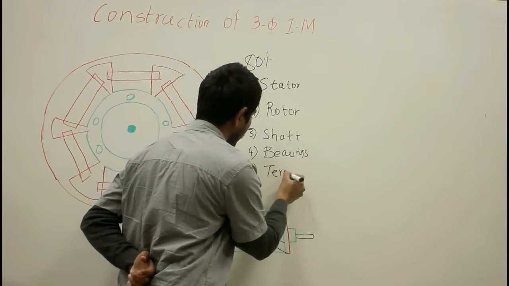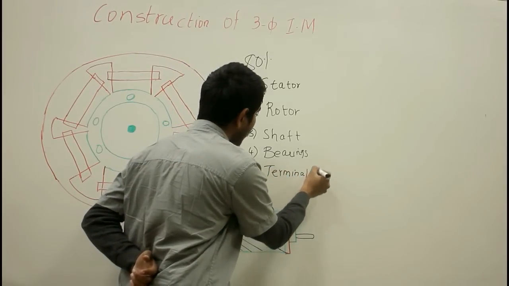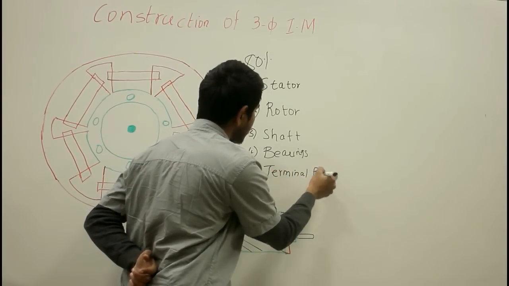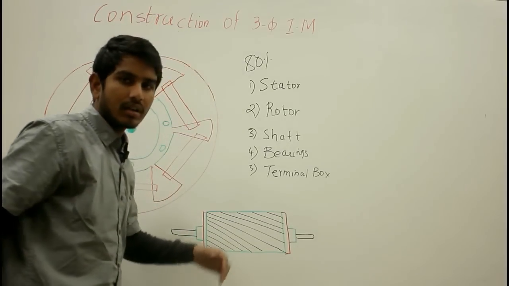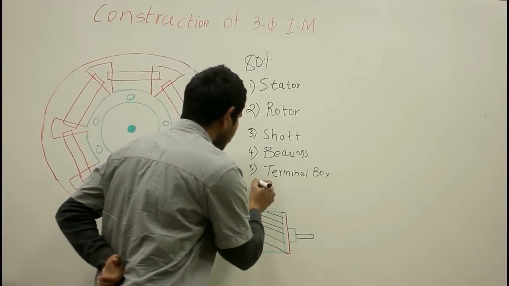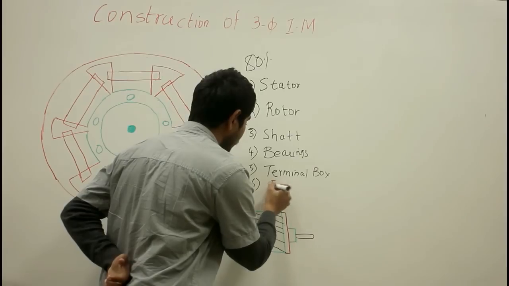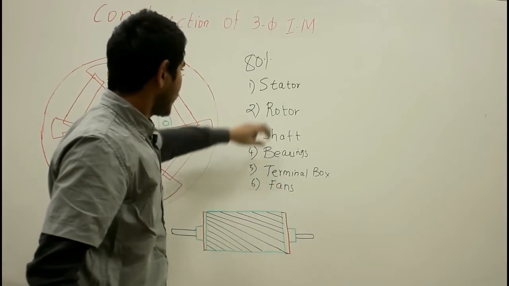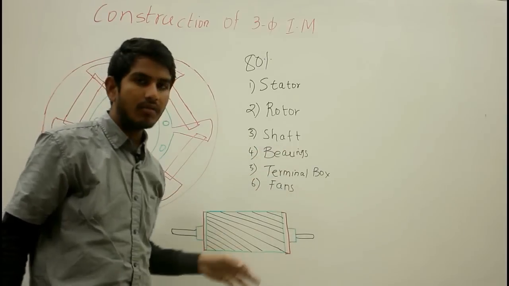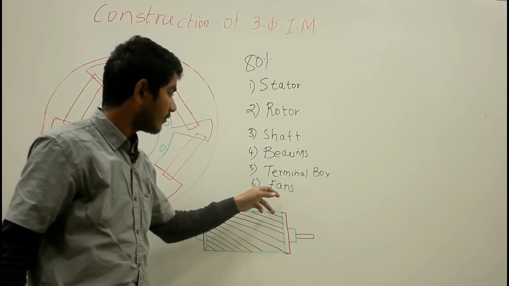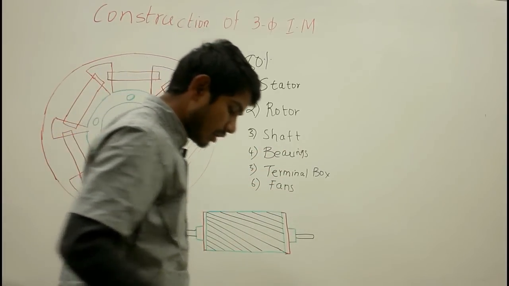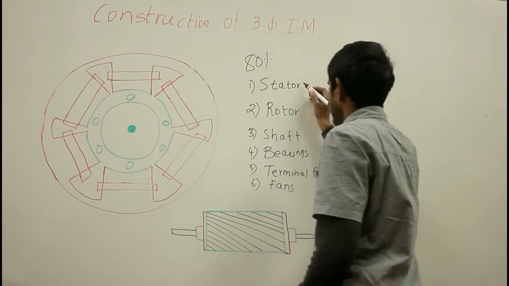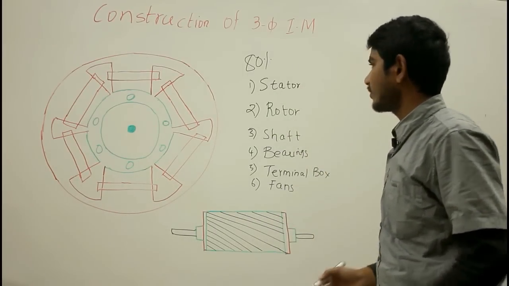One of the problems associated with these machines is overheating, so we need fans for cooling. So apart from stator and rotor, we have the shaft, bearings, terminal box and fan. Now let us discuss the stator and rotor in detail.